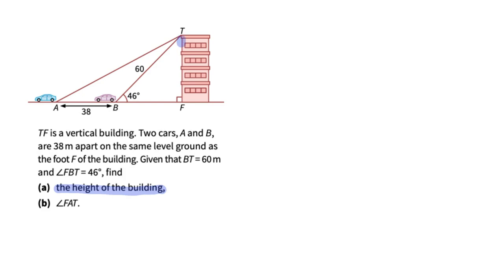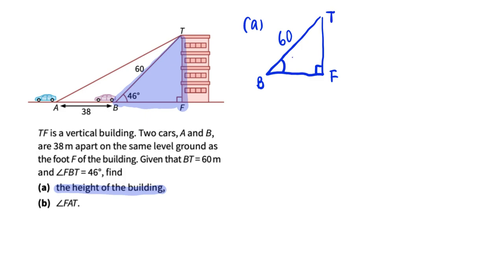The height of the building happens to be the length TF, so we are going to focus on this blue color triangle. For those who are not very good at visualizing, we could do a quick sketch of this right angle triangle TFB with 60 meters and 46 degrees here.